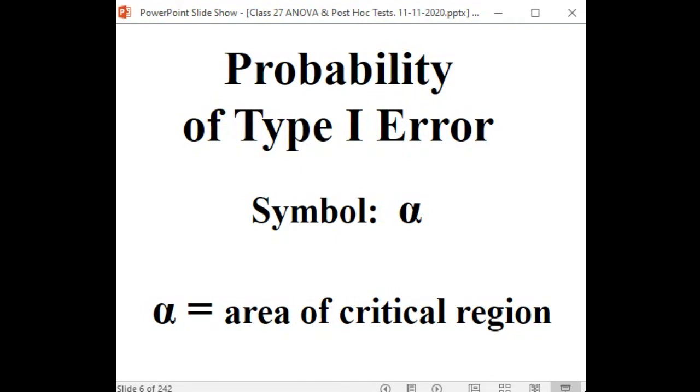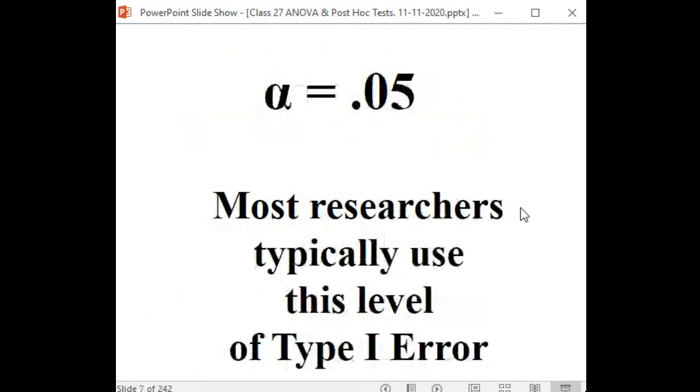The researchers choose how large or how small alpha will be. Now, usually researchers choose to set the level of alpha at 0.05. That is, they set alpha so that the risk of a type 1 error is 0.05 or 5%.